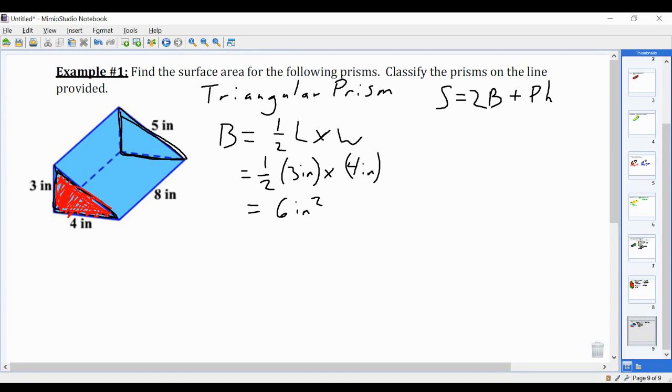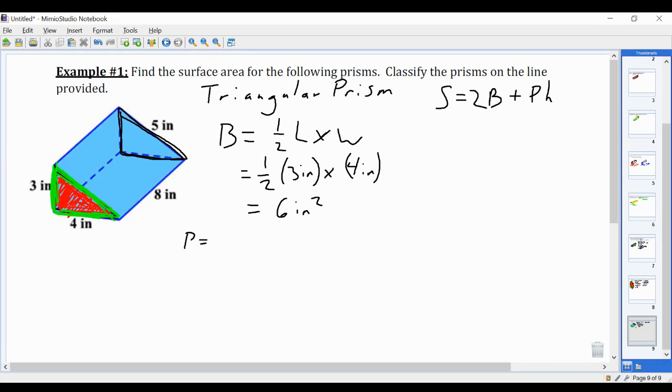Okay, now we found our base area, we're ready to find our perimeter. So P is the distance all the way around our base shape. So here's our base shape. So the distance all the way around, we're going to have to use Pythagorean theorem, because we know that this first side is 3 and this side is 4, but how long is this diagonal side?